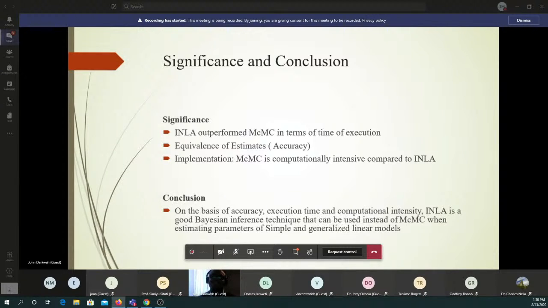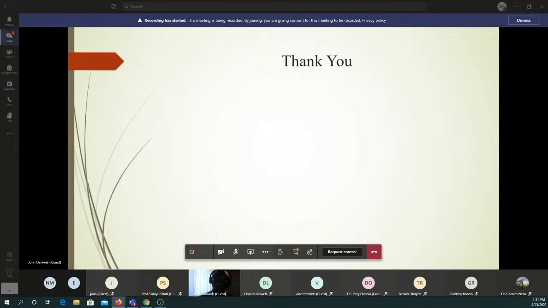So our conclusion basically is that on the basis of accuracy, execution time, and computational intensity, INLA is a good Bayesian inference technique that can be used instead of MCMC when estimating parameters of simple and generalized linear models. Thank you.